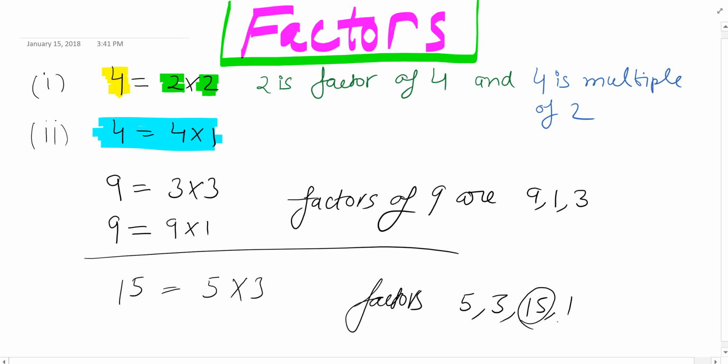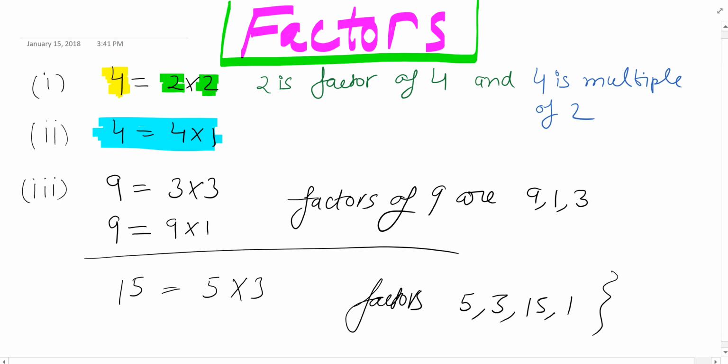Now 15 and 1 are trivial factors, right? Yes. Because a number is always divisible by itself and 1. And the non-trivial factors are 5 and 3. So these are all the factors of 15.